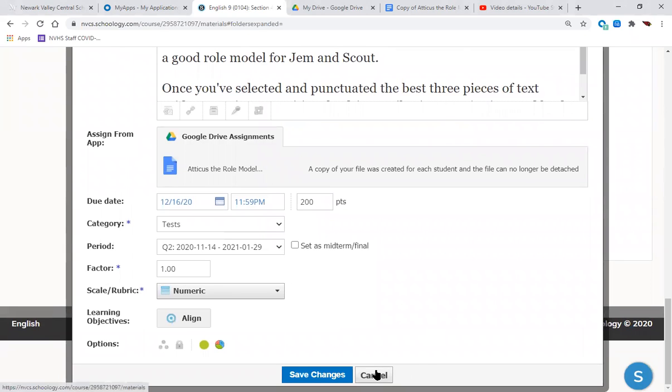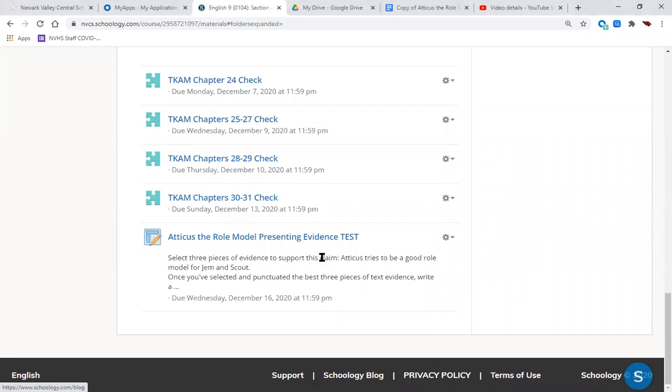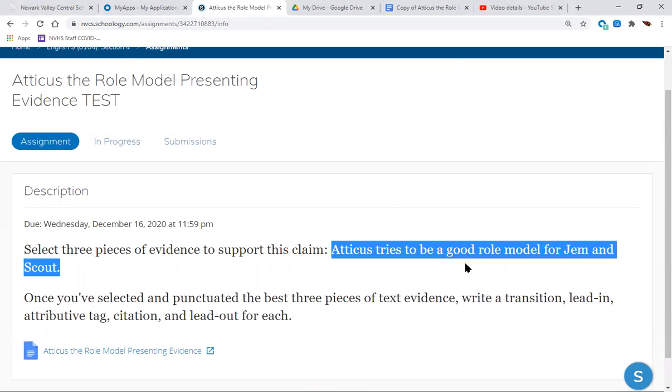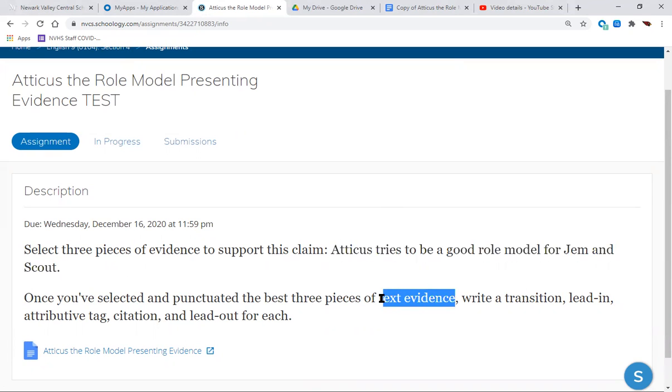And what you're being asked to do is first select and then present 3 pieces of evidence to support this claim that Atticus tries to be a good role model for Gem and Scout. And this writing test is going to ask you to present, again, 3 pieces of text evidence in which you transition into it, lead into it, tag whose words have been borrowed, cite it appropriately.